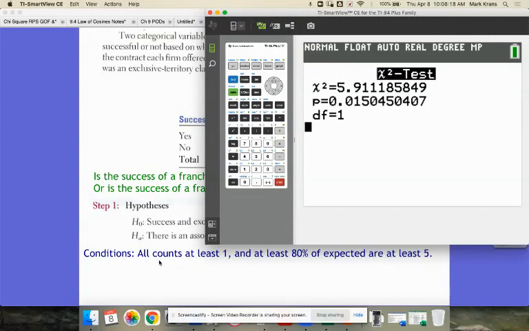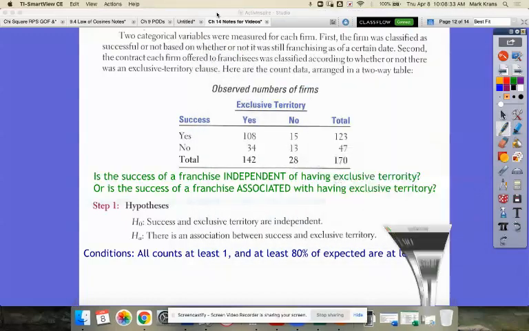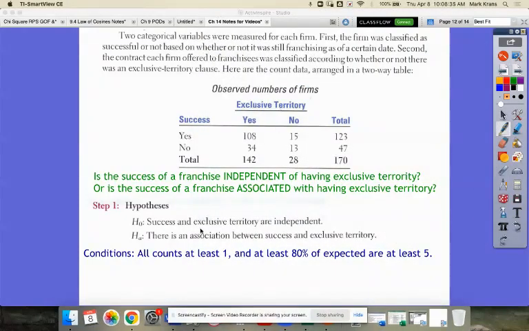I've met all conditions, I'm doing a chi-square test of independence, and my p-value is 0.015. If I picked an alpha of 0.05, we would reject the null that success and this exclusivity clause are independent. There is sufficient evidence to suggest that there is an association between success and the exclusive territory clause.